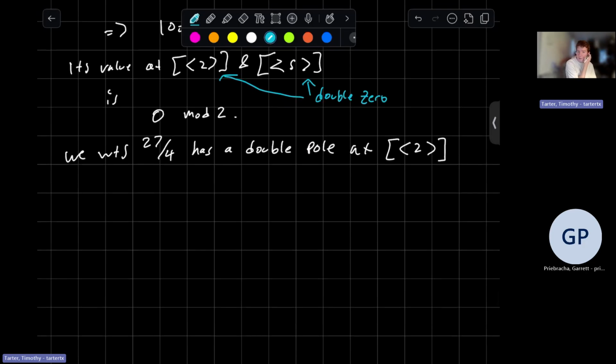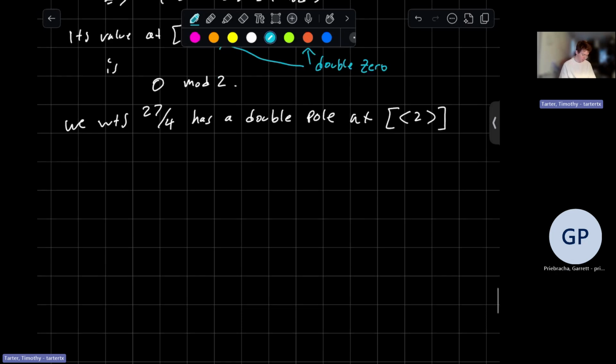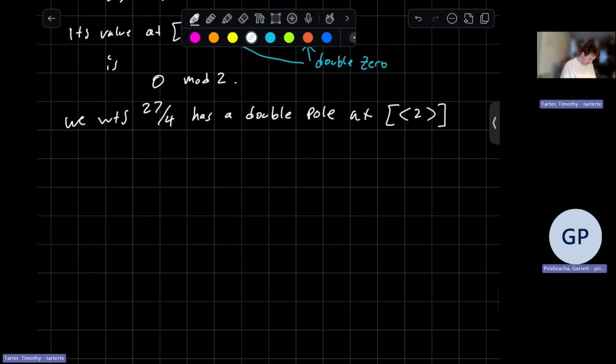Because 5 twice is 25, 2 twice is 4, 25 times 4 is 100. We want to say that 27 over 4 has a double pole at 2. I'm still confused about where we're getting 27. 27 doesn't matter. I guess the idea is that it's prime, okay. So 27 has a zero at... no, 27 isn't prime.